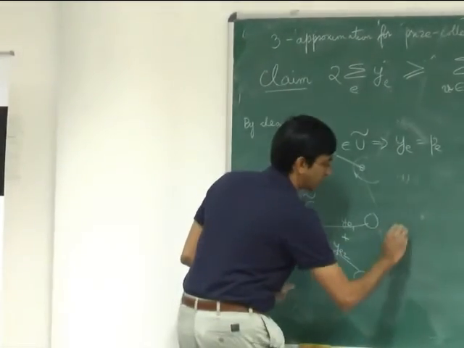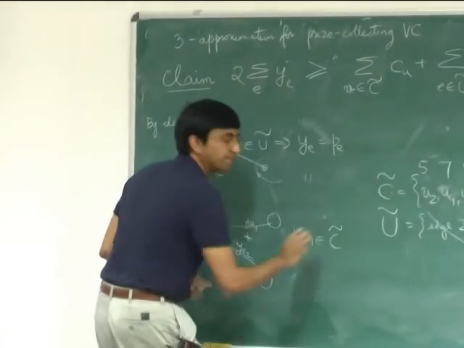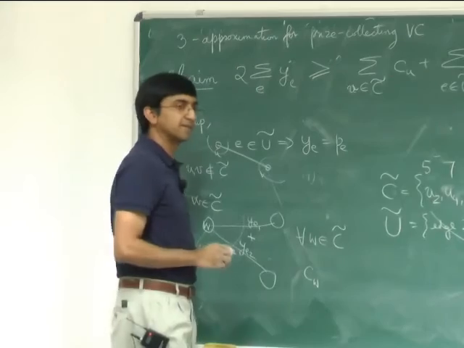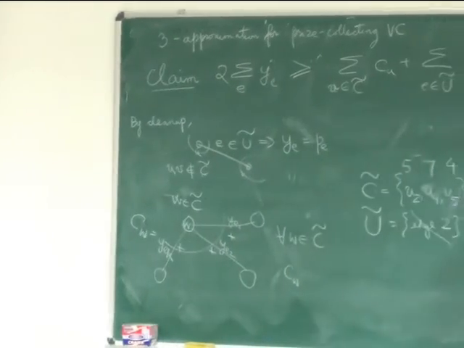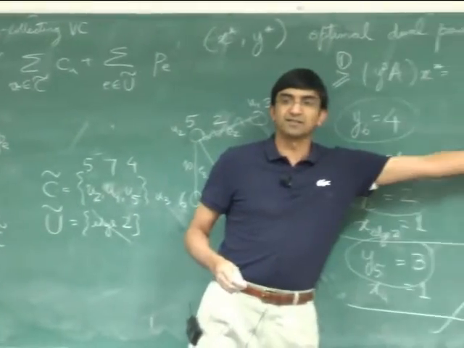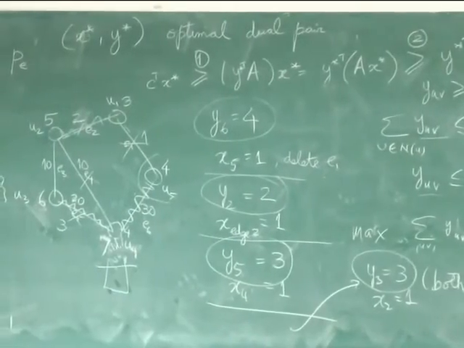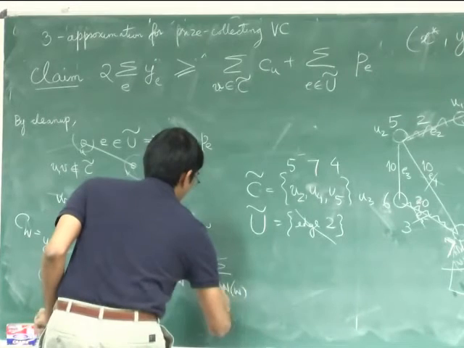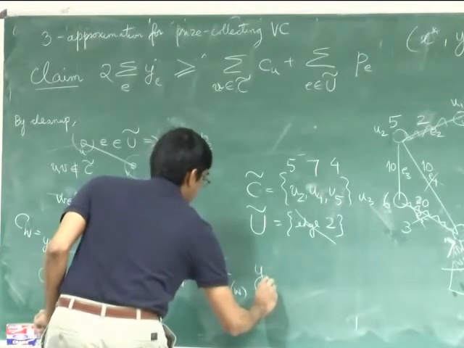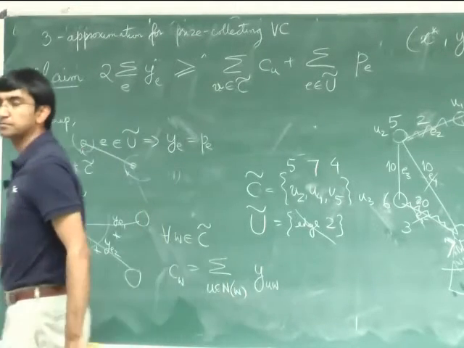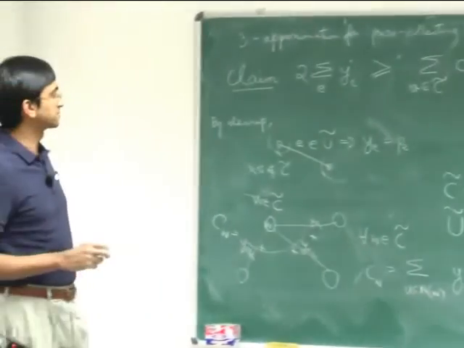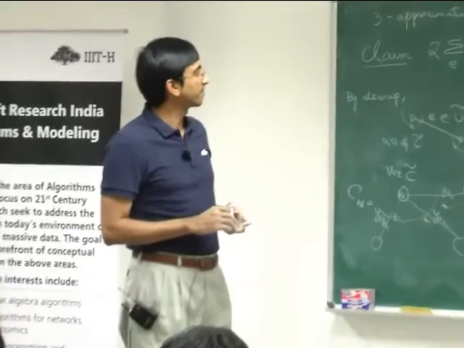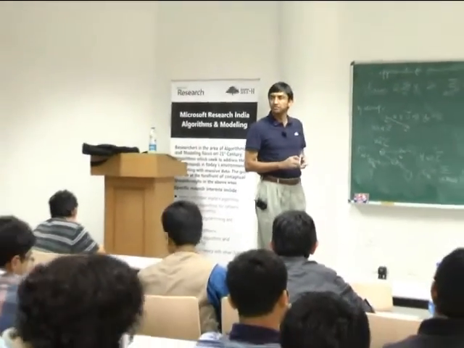For all W in C tilde, C of W, this is the complementary slackness condition, is equal to the sum over U, which are neighbors of W, of Y UW. If the value of U is 2 and you are looking at an edge, then what will you do?